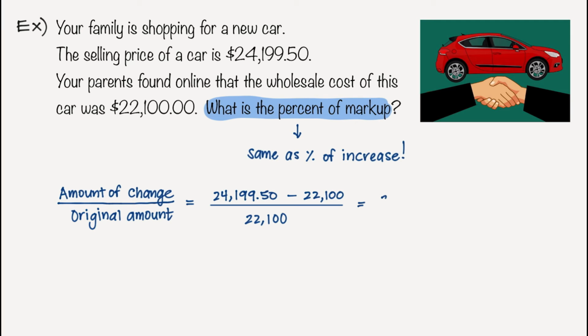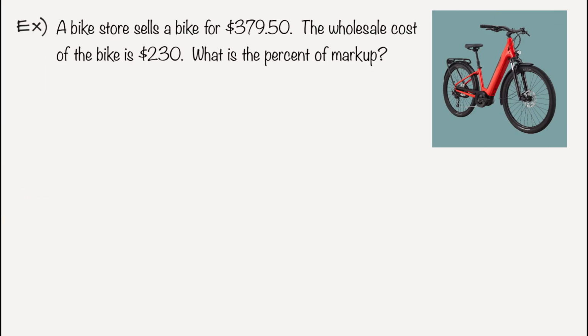When I subtract those values, I get $2,099.50. And when I divide that by 22,100, I get 0.095. To turn that back into a percent, I move my decimal twice to the right, and I find that the markup percent was 9.5% for this car.